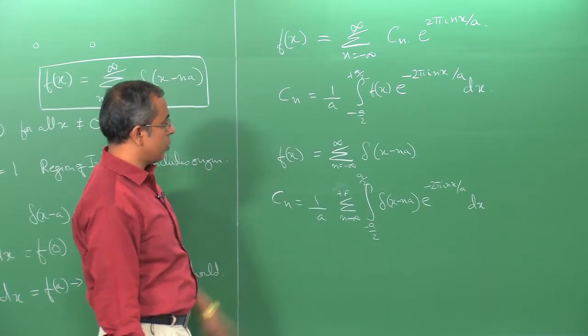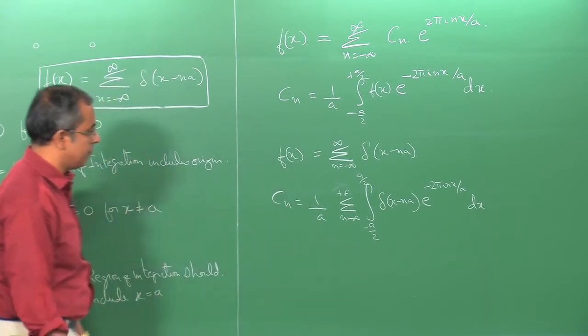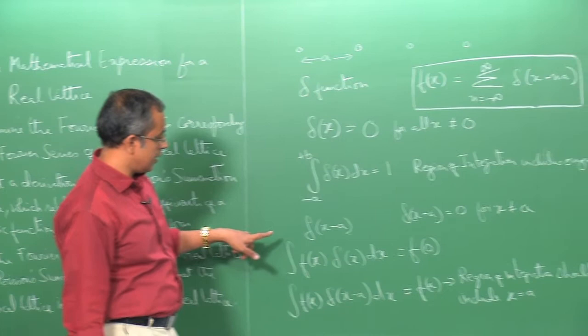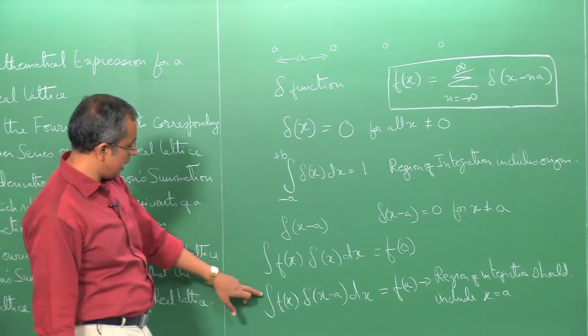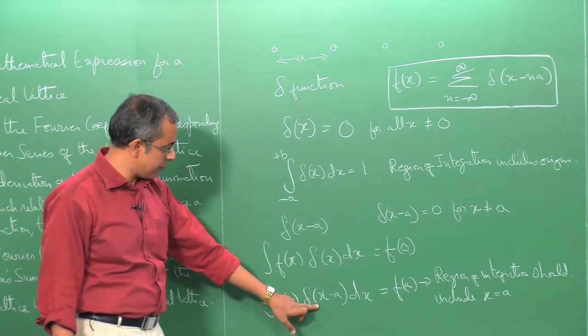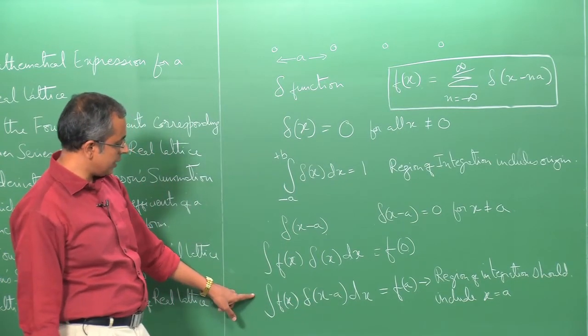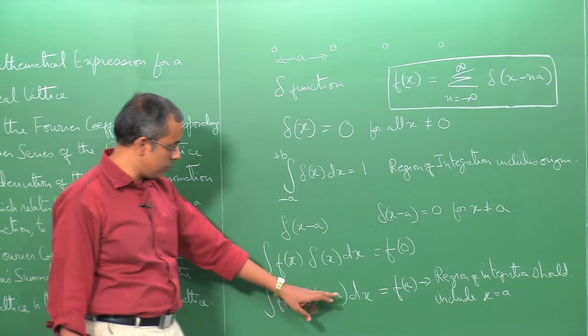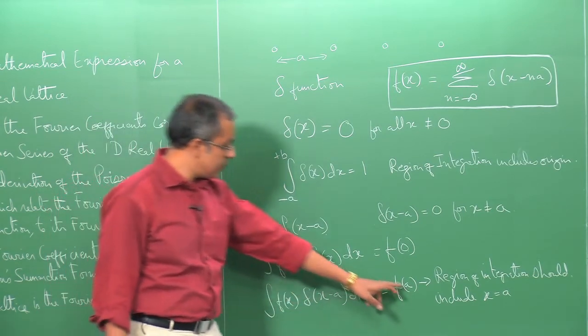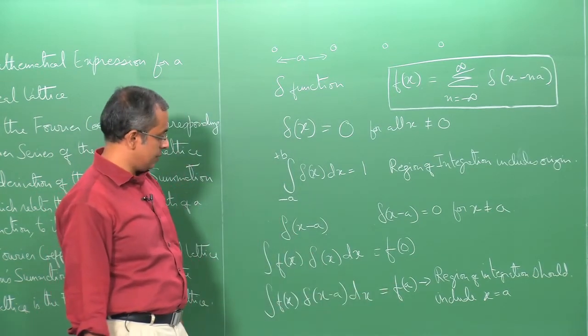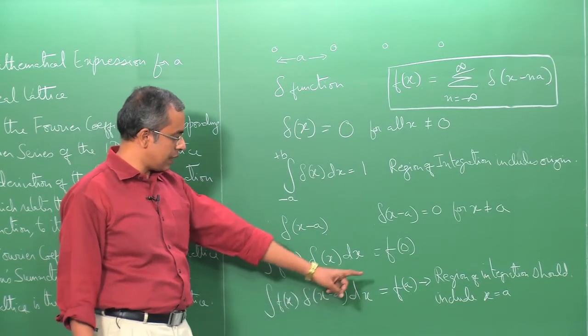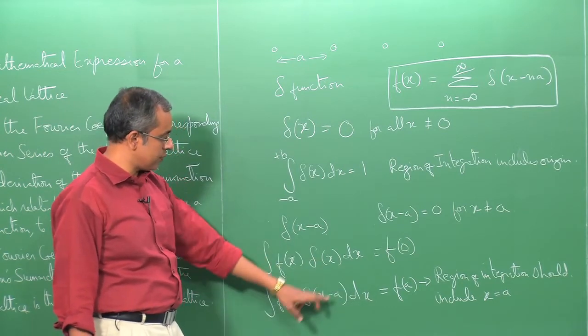Now, we also noted one property of the delta function, which we will come back here and see. We noted that when you have f of x times the delta function x minus a, dx, if you do the integration and the region of integration includes the value x equal to a, it will simply evaluate to f of a. So, f of x will simply evaluate to f of a because of the properties of this delta function.